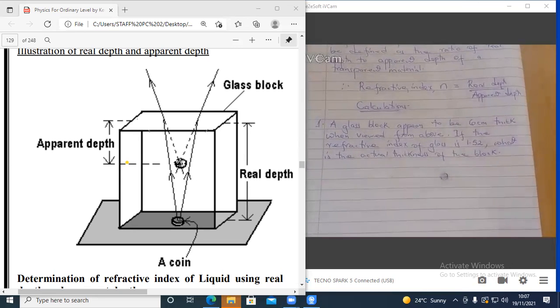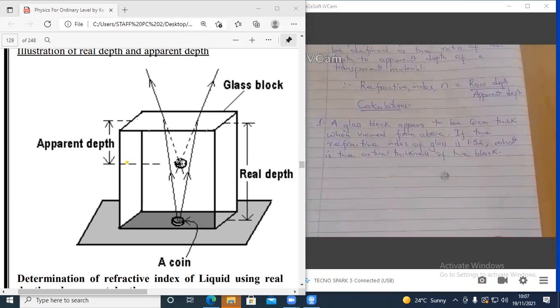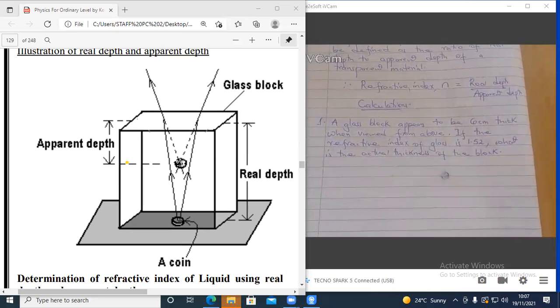A glass block appears to be 6 centimeters thick when viewed from above. If the refractive index of glass is 1.52, what is the actual thickness of the block?